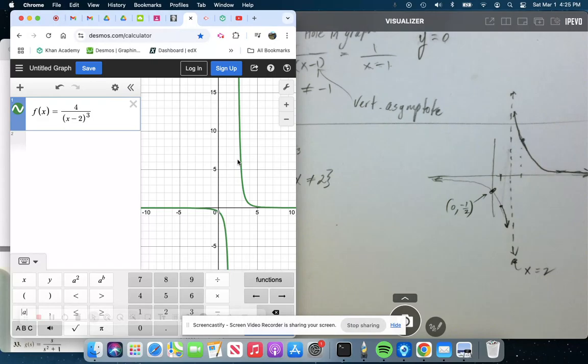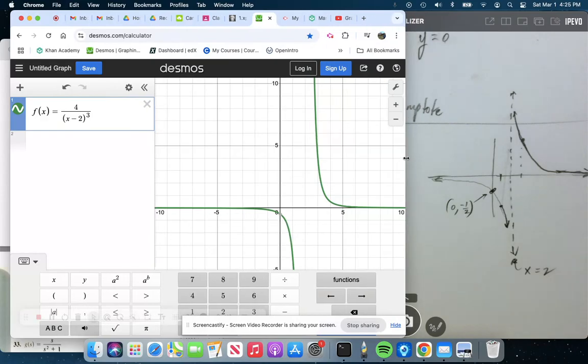All right, let's compare. Not too bad. It's much steeper than I made it, right? It should be coming down at a much steeper angle right there. But you can see right here, there's that y-intercept that we found.